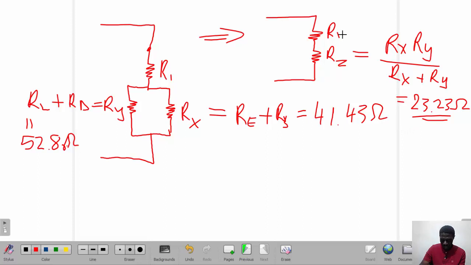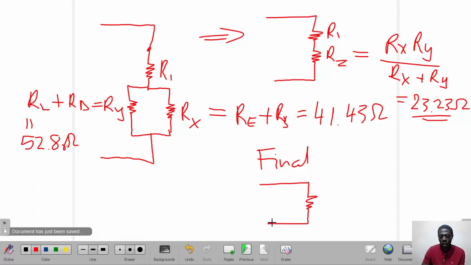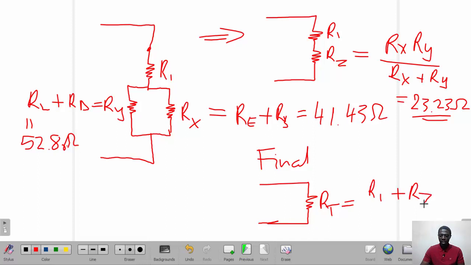And then we remember that R1 is equal to 10.71. So the final circuit now between M and N, which leads us to one resistor only, is the R total, or the final resistance, which is R1 plus RZ, and this is equal to 33.94 ohms.